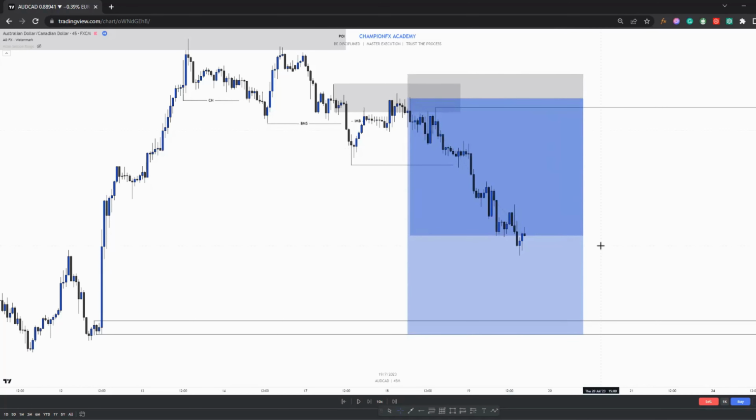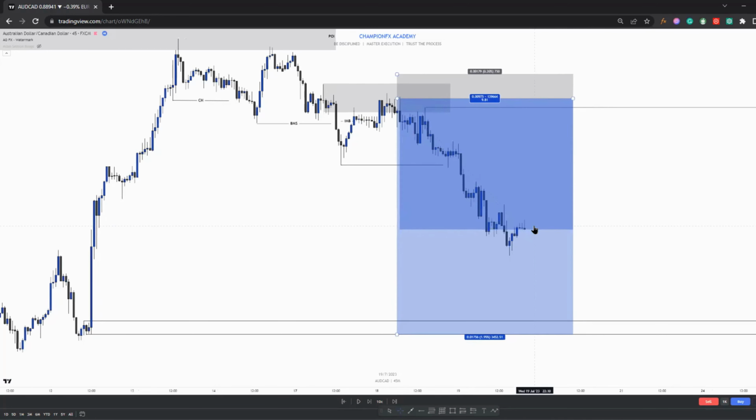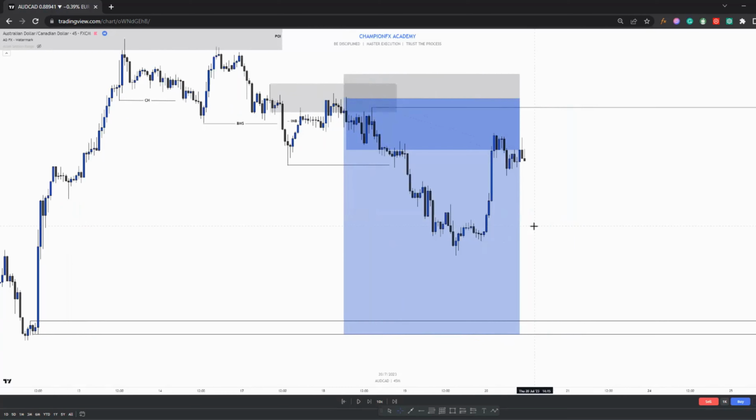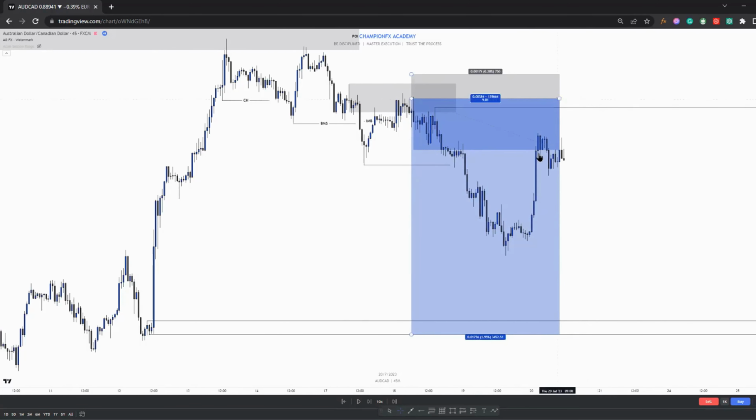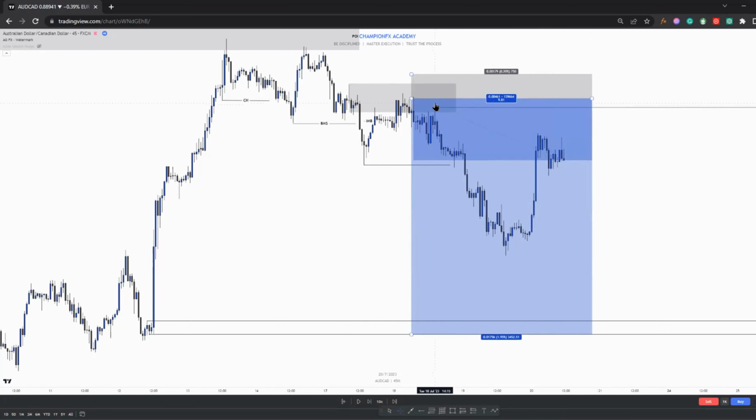But I think it was Thursday, there was a major news on Australian dollar and it pushed price aggressively up, but I was still having my Excel over here.